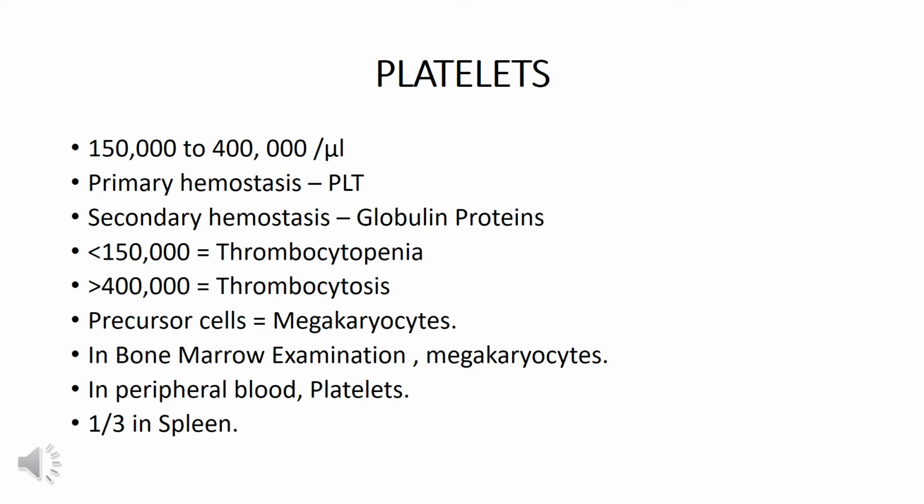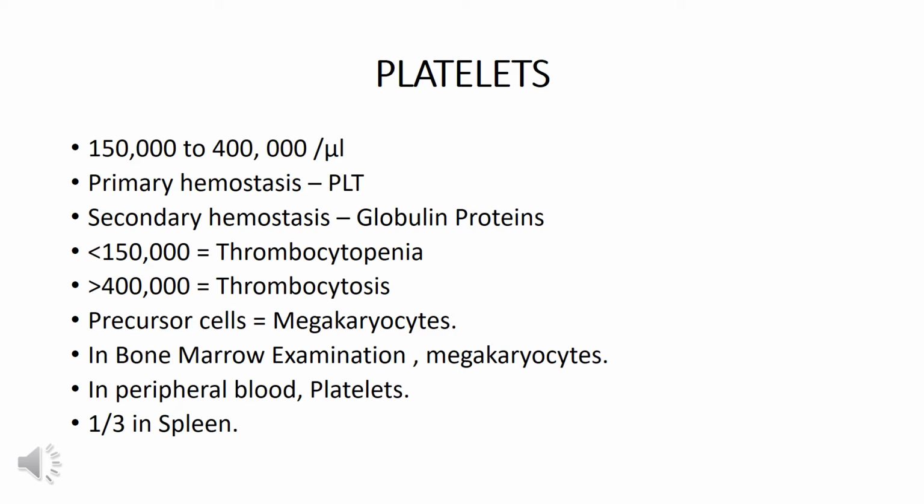Usually one third of the platelets in peripheral blood remain stuck in the spleen. In cases of splenomegaly, when the spleen becomes large due to any condition, there are chances of homing of more platelets in the spleen.